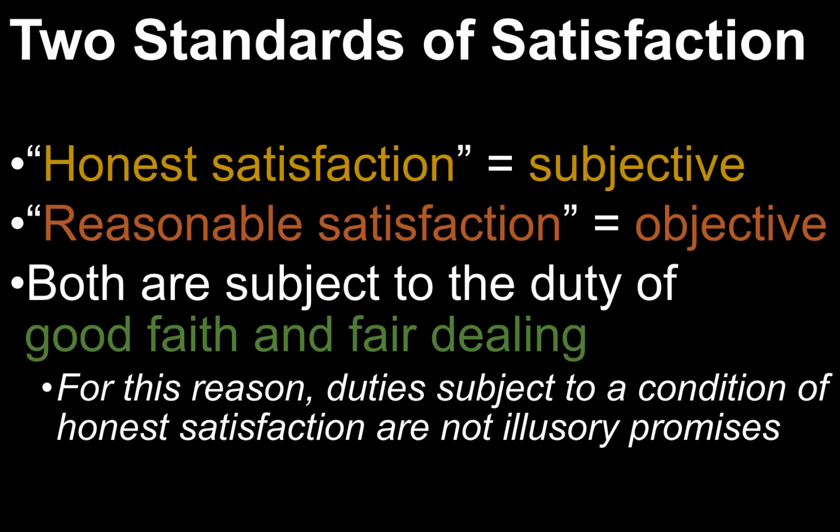Let's clear up some terminology right off the bat. The Restatement uses the term honest satisfaction to describe a subjective standard, meaning we're going to ask whether the person was actually satisfied. On the other hand, we see the term reasonable satisfaction used to refer to an objective approach.